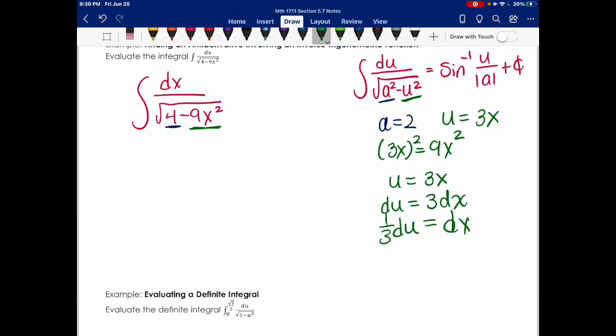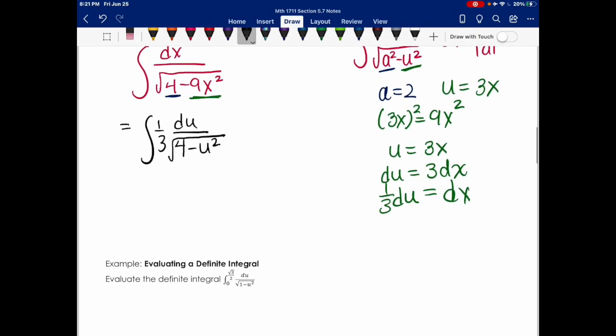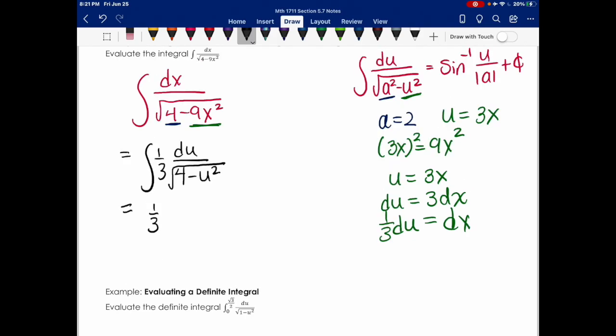So I am going to divide both sides by 3, and I get that dx is equal to 1/3 du. When I set this up, I'm going to have 1/3 du over the square root of 4 minus u squared. I can pull the 1/3 out in front if I want.